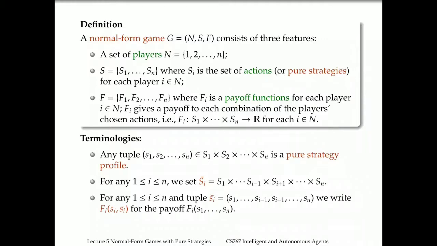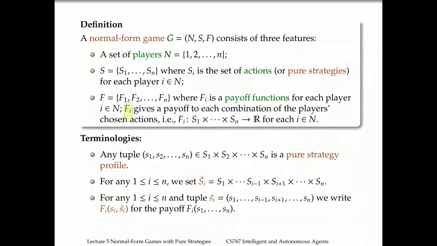So S is formally S1, S2 up to Sn, where Si is a set of actions. We also call these actions pure strategies here, right? And F, again, would be a set of payoff functions, where we have a function fi for every agent, right?